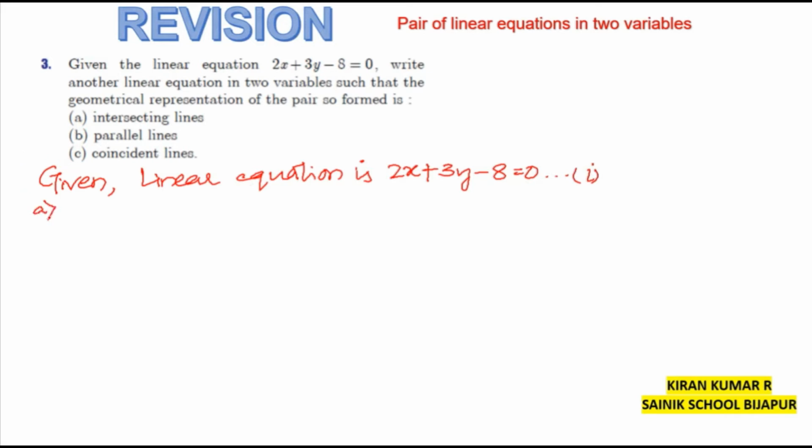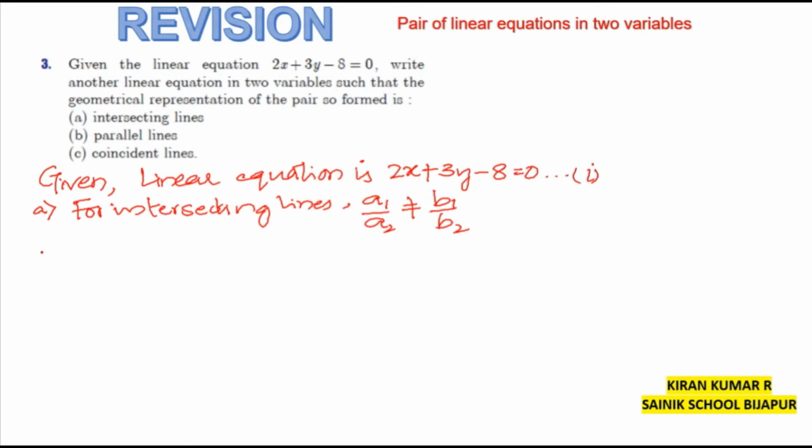First condition is intersecting lines. For intersecting lines, I know the condition is a1 upon a2 not equal to b1 upon b2. So I have to take some values for the coefficients of x and y such that a1 upon a2 is not equal to b1 upon b2.